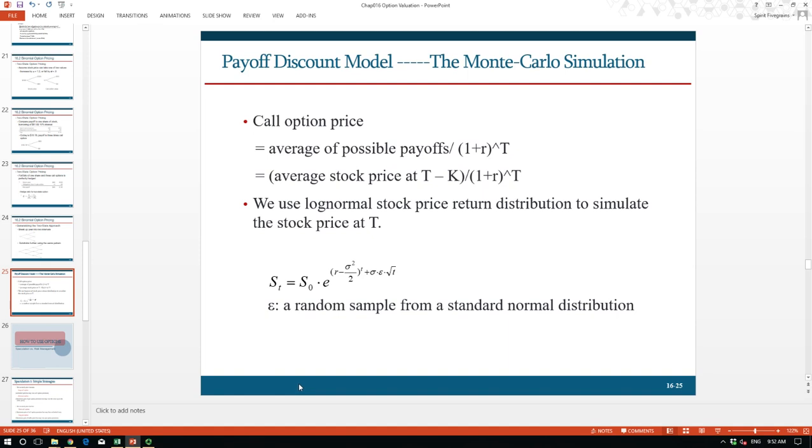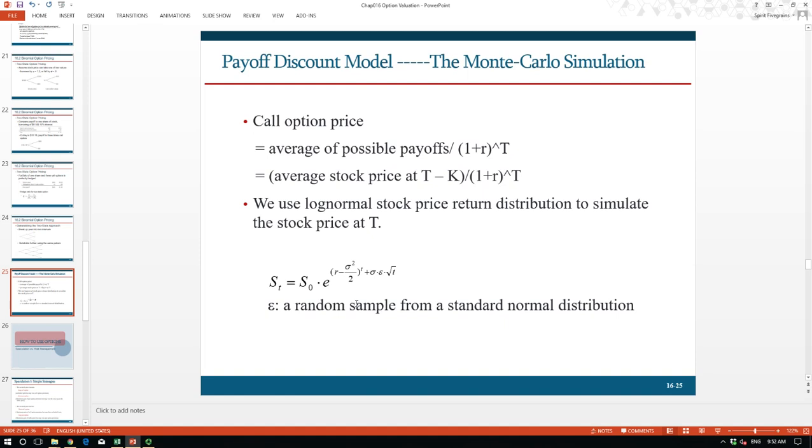It's (r minus standard deviation squared divided by 2) times t, plus standard deviation times a random term from the standard normal distribution times the square root of t. This is the return for the stock, which follows a log normal distribution.